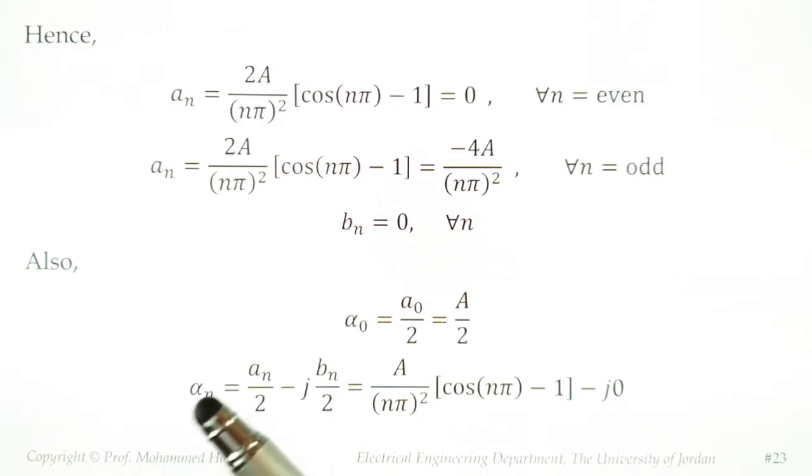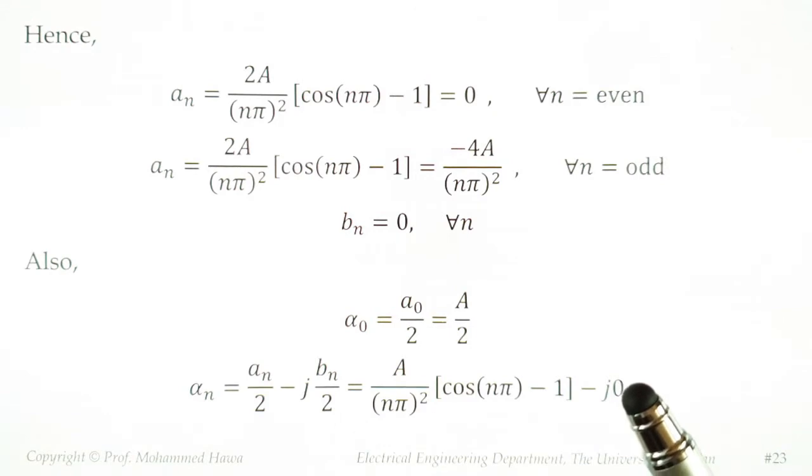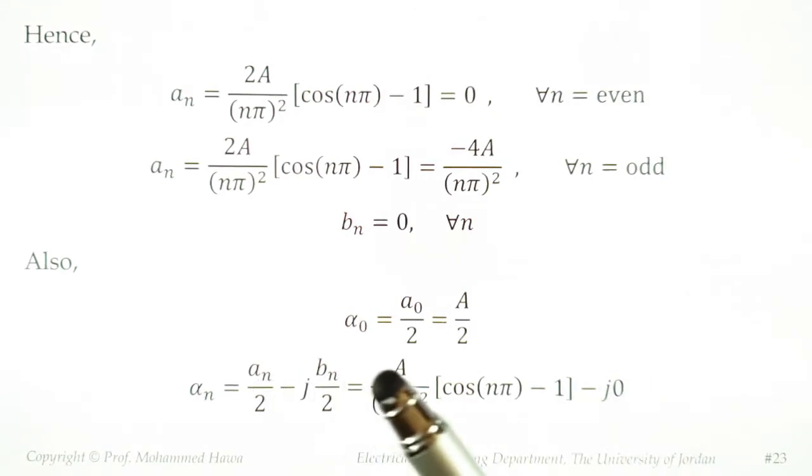Alpha n for n not equal 0 is an over 2 minus jbn over 2. Bn is 0, so the imaginary part is 0. An, on the other hand, is 2a over n pi square cosine n pi minus 1. Of course, I divided by 2 here, so I get a over n pi square cosine n pi minus 1.